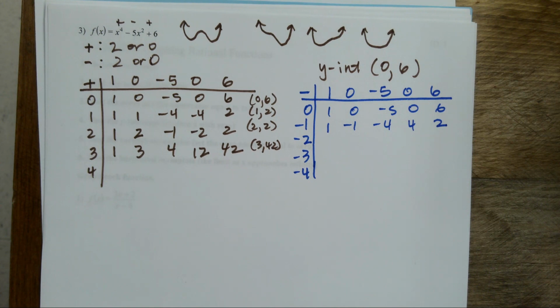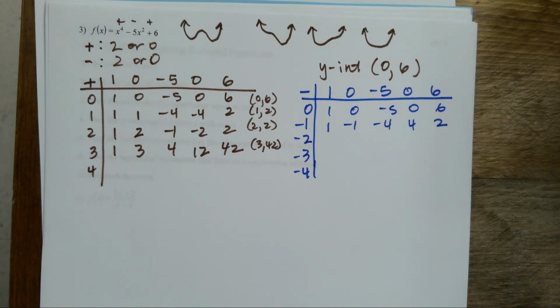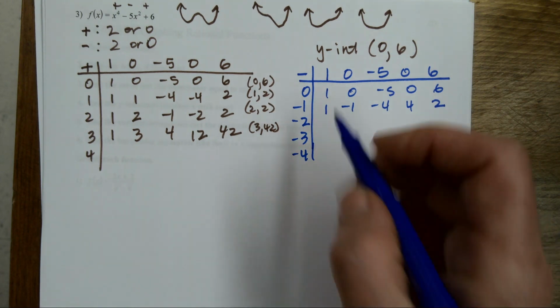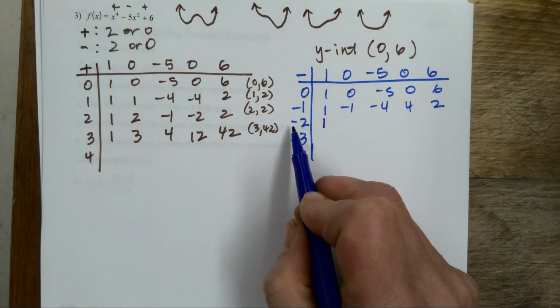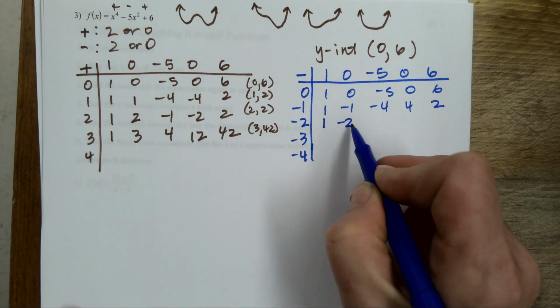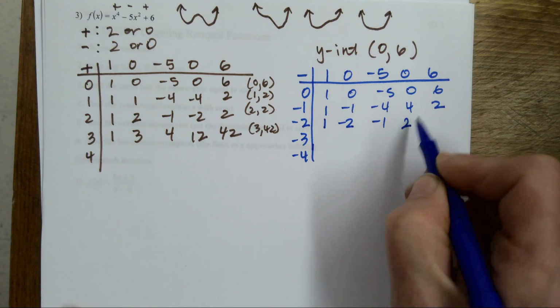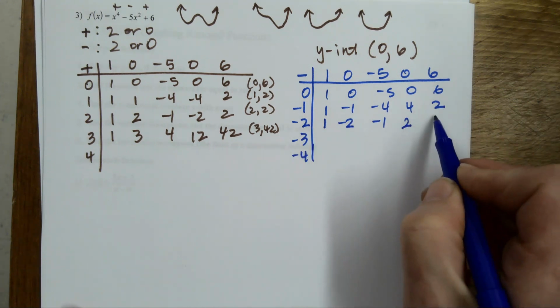I sort of see some similarities between this table and the previous table. 1 and negative 1 both have the same value. I'm going to see what happens with negative 2. Negative 2, negative 1, 2, and 2.